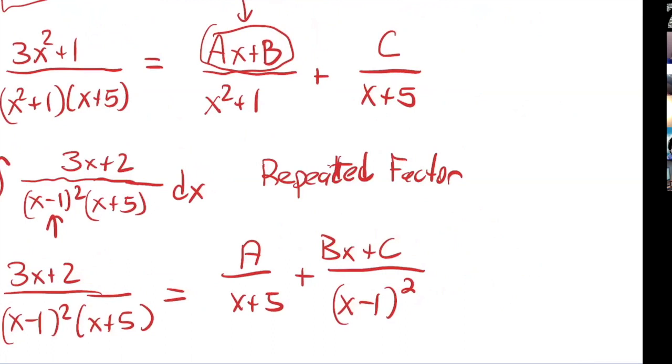And in this special case, when we have a repeated root, we also need to consider that we could have a term that looks like this in there as well. And if I were to add these 3 fractions together, their lowest common denominator would be exactly the denominator that we started with.